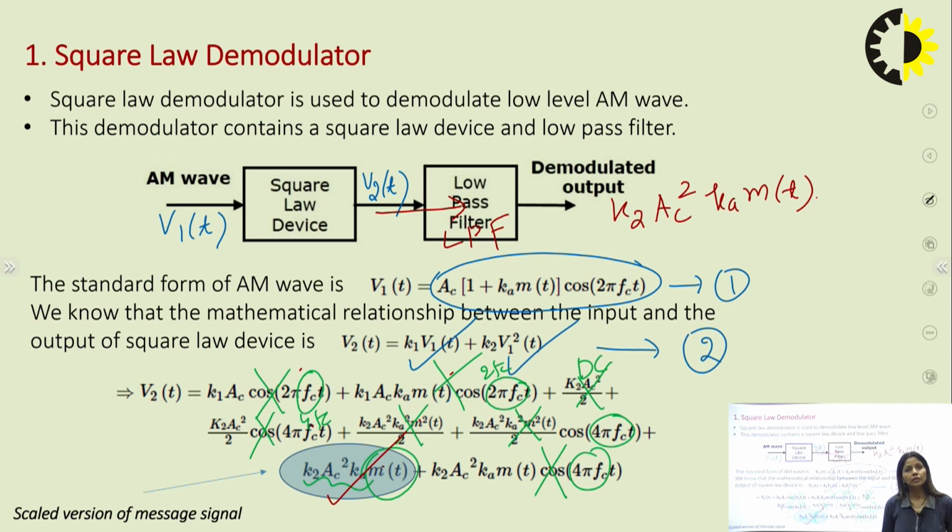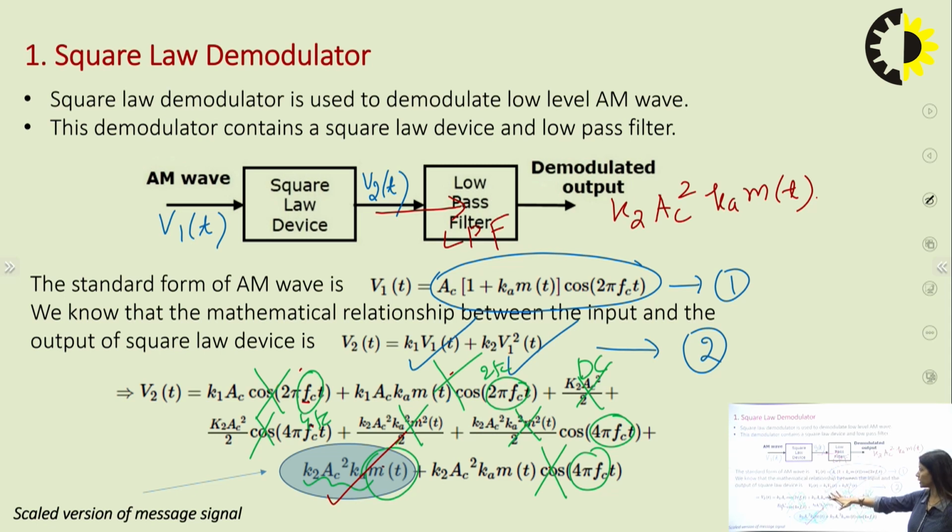So the square law demodulator contains two blocks. First of all, the square law device, and then the low pass filter, right? So all these terms, as we can see, this K1 Ac cos 2 pi FC t term won't pass because it is of 2FC frequency component. This will also be 2FC. This is beyond the capability of the low pass filter.